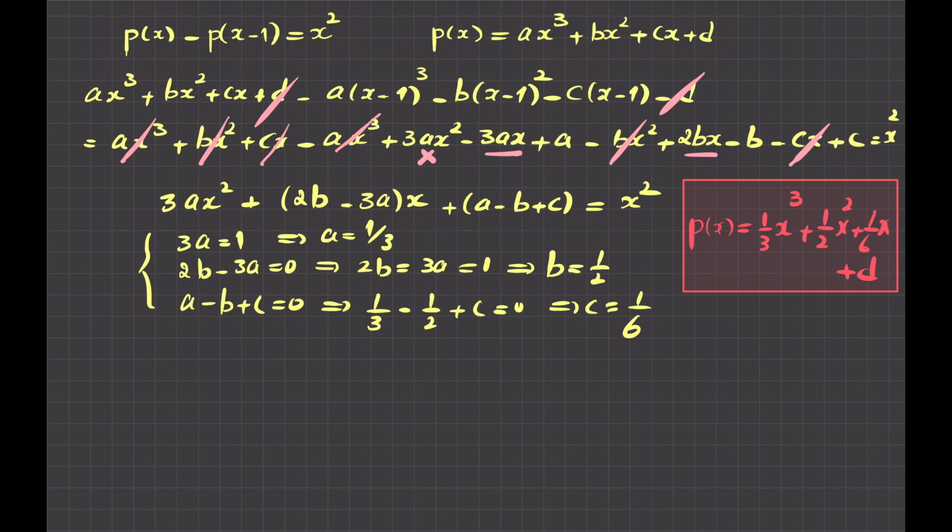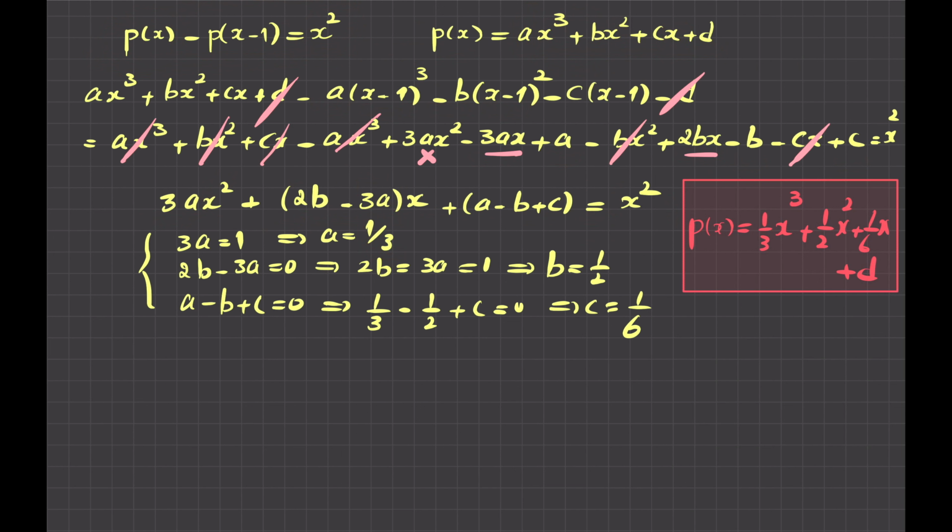But how can I use this fact to find the formula for the sum of the squares from 1 up to n? That is also very easy, because if this is valid for all choices of x, this equality is valid for 1, 2, 3 up to any natural number n.